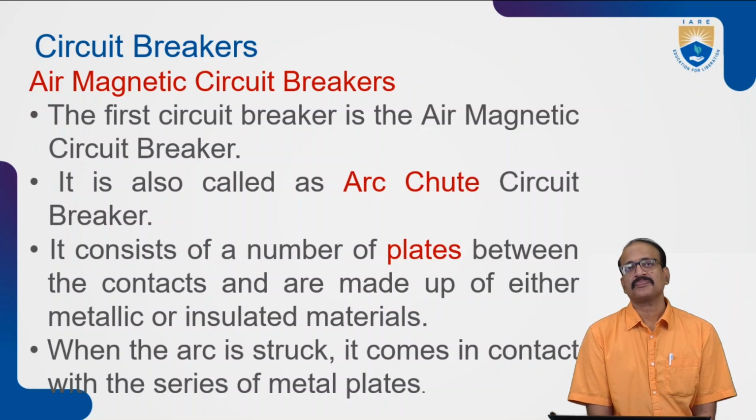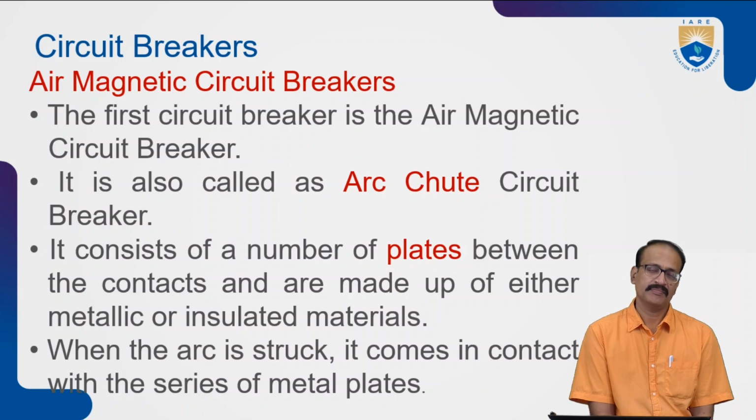Here we are using a series of plates between the contacts when the contact is separated, because indirectly we are dividing the arc into smaller arcs and making it extinguish.